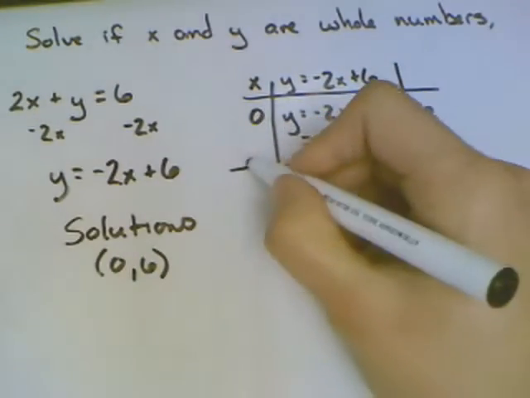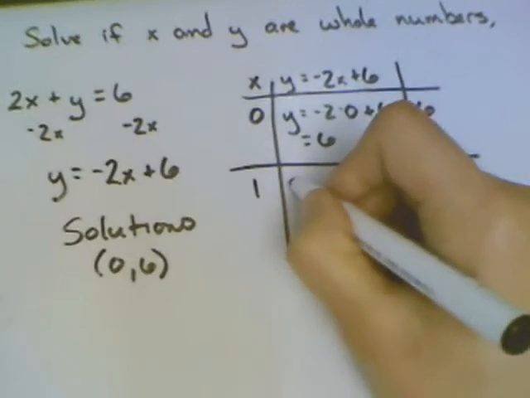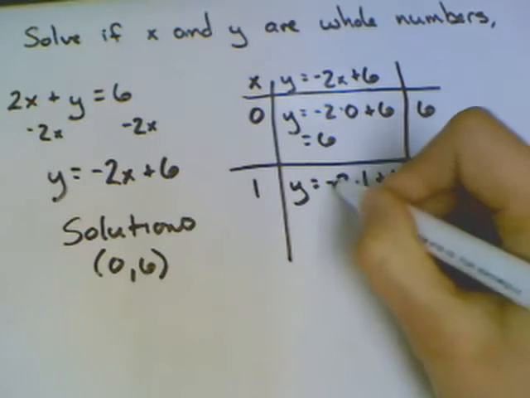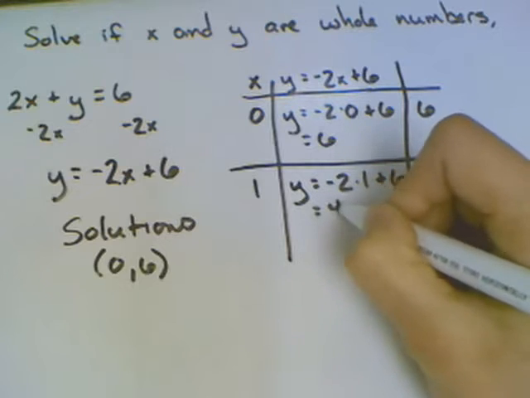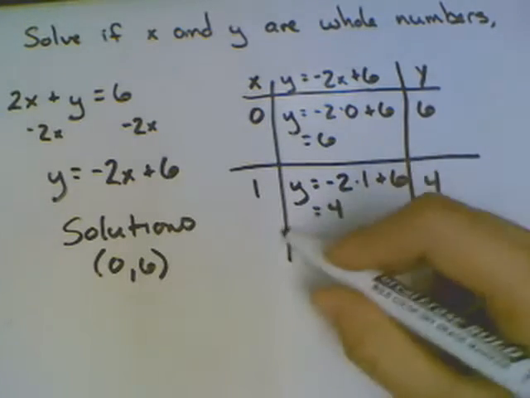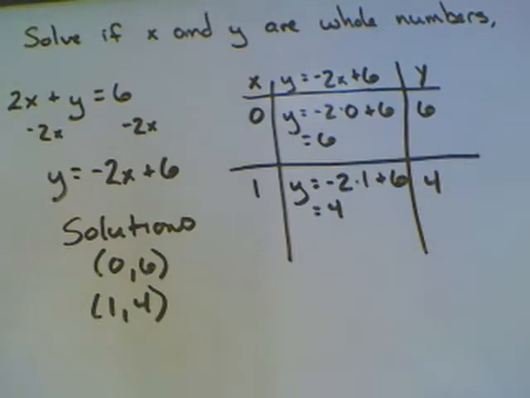The next whole number I'm going to plug in for x after 0 will be 1. When I plug 1 in, y will be negative 2 times 1 plus 6. This is negative 2 plus 6 will be 4. So when x is 1, y is 4. Both are whole number solutions, so that's going to go in my solution list.